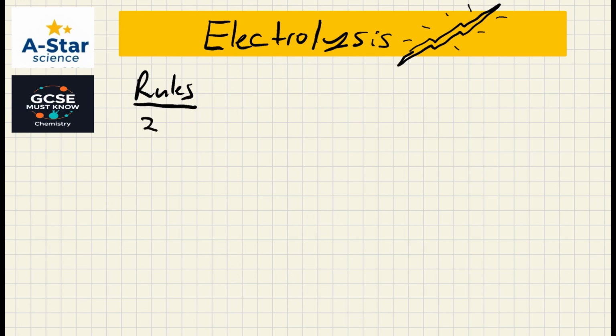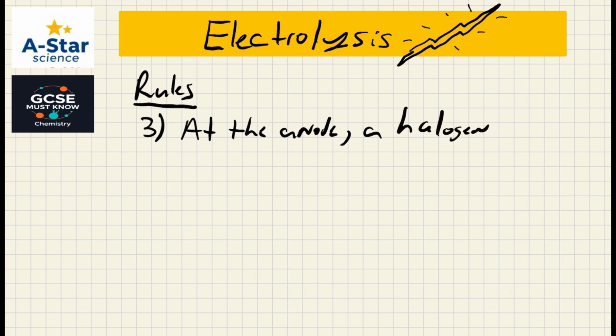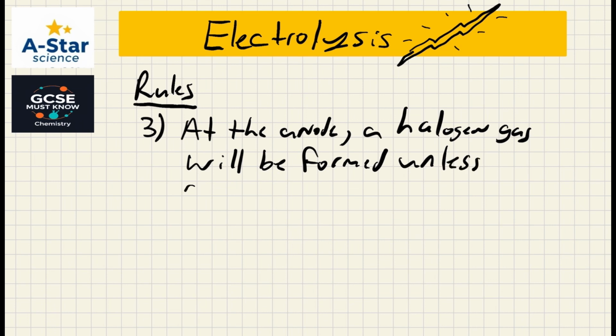Let's look at the third rule now. The third rule says at the anode, a halogen gas will be formed unless oxygen is present in the anion.